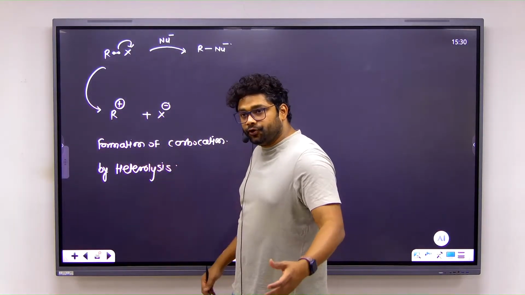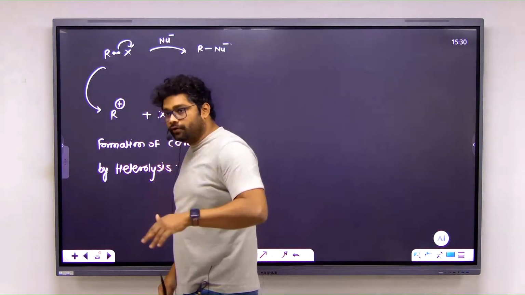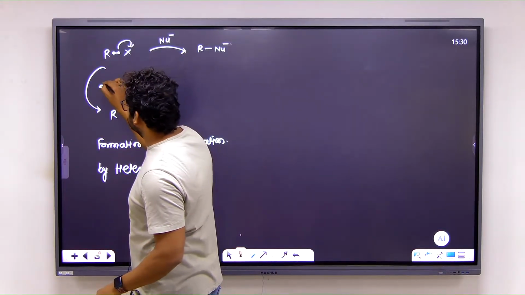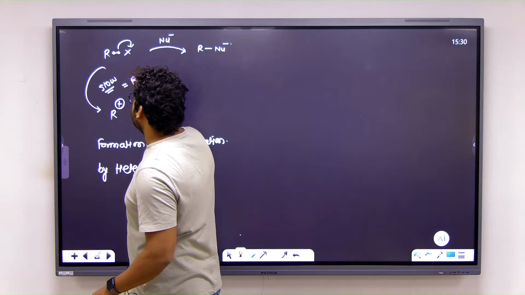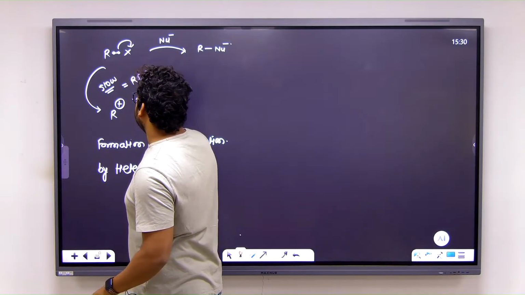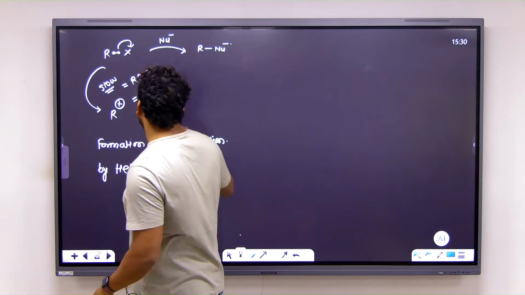So it is doing this thing on its own, and that's why this slow step is also known as RDS, also known as rate determining step.